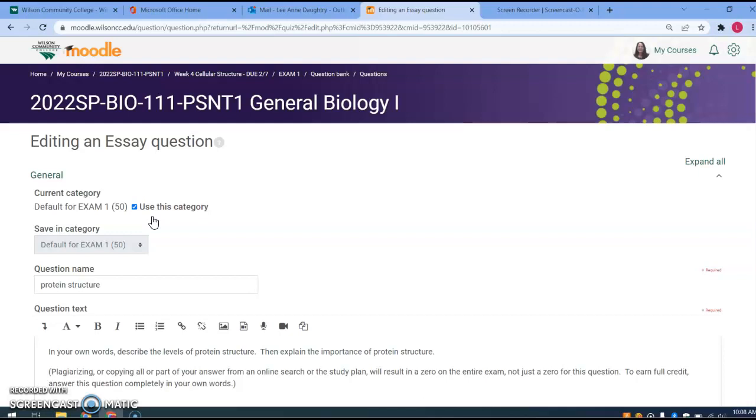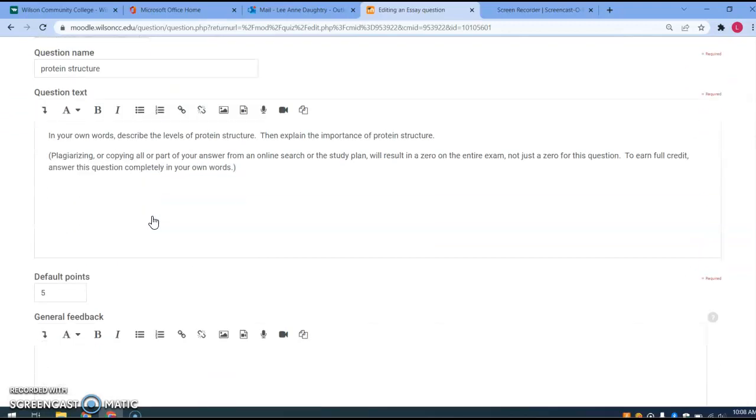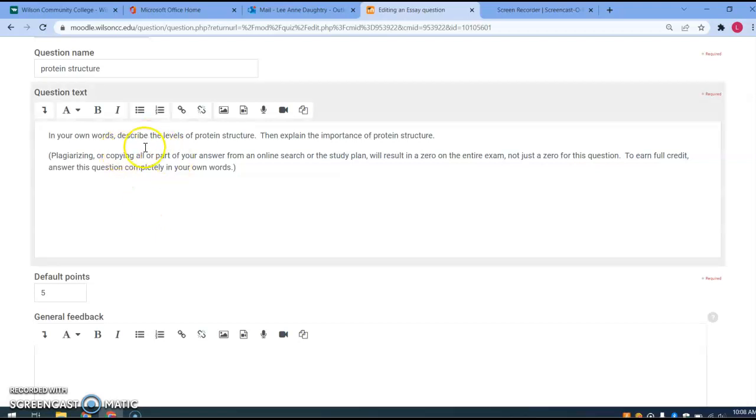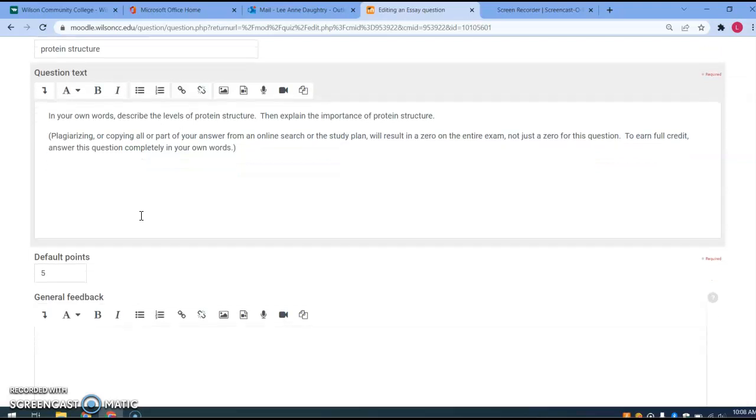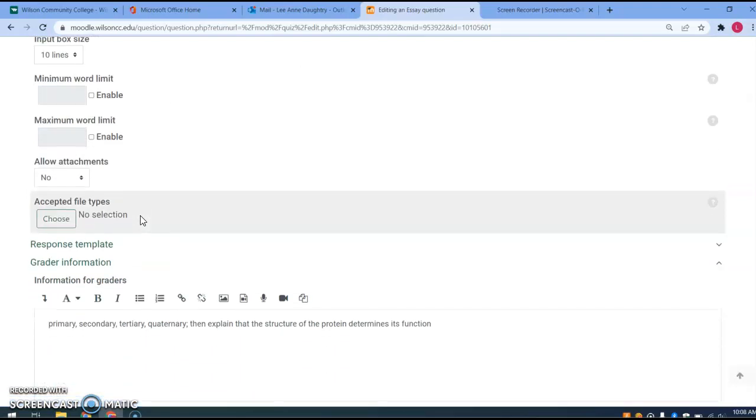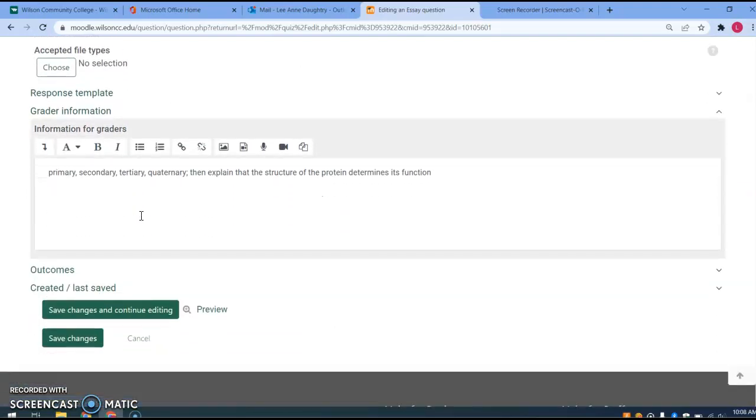This is the levels of protein structure. You just had to list, well, it does say describe, but I actually gave you credit if you just listed. It says describe the levels of protein structure and then explain the importance of protein structure. So what we're looking for here, I'll just scroll down to the answer, is for you to list primary, secondary, tertiary, and quaternary.